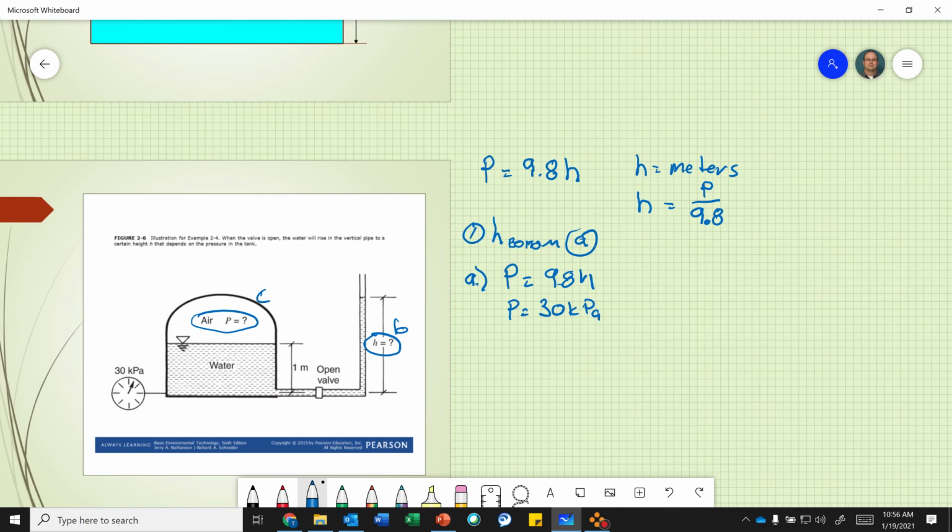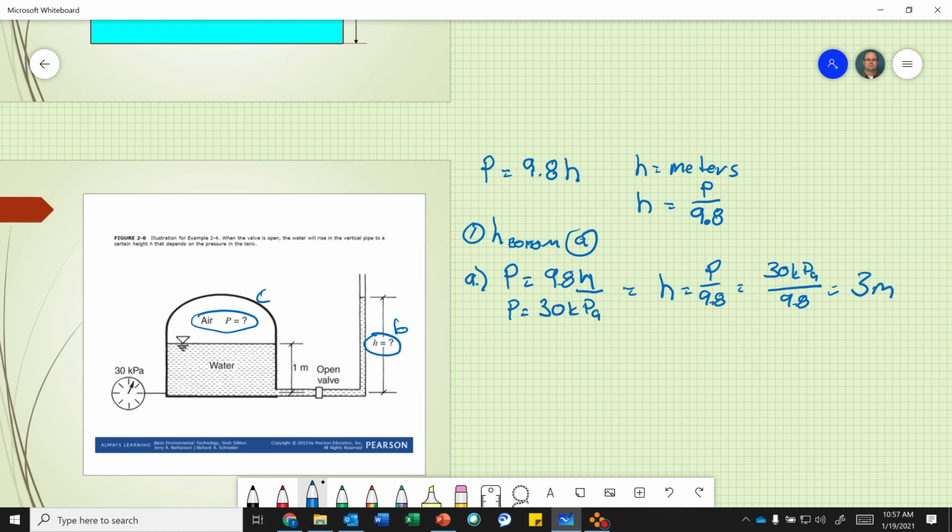So we're trying to solve for H. H equals P over 9.8, and that equals 30 kPa divided by 9.8, and that equals 30 divided by 9.8. So we get 3 meters.